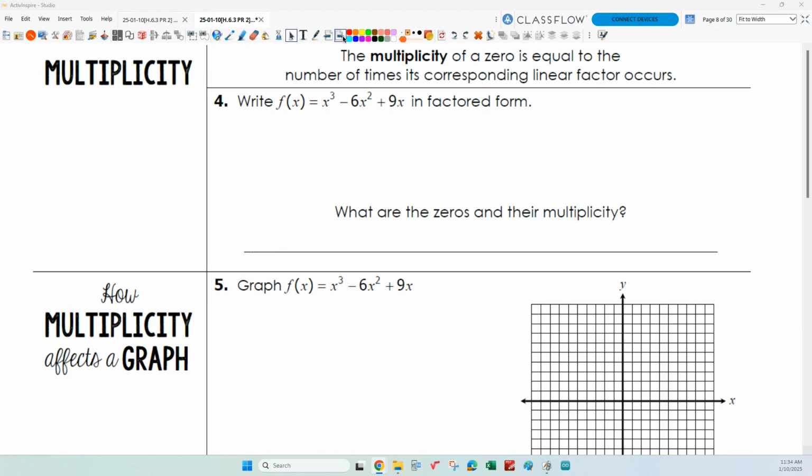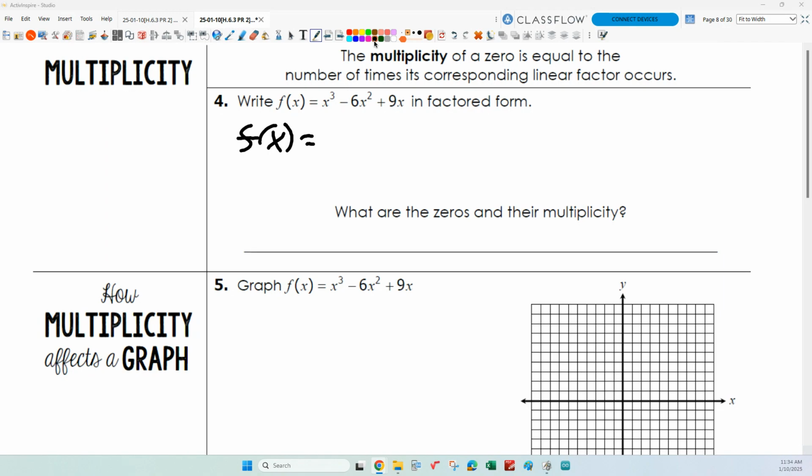Okay, so we've got this cubic polynomial. Let's put this into factored form first. Remember, when we're factoring polynomials, what's the first thing we always try to do? We always want to factor out the GCF.